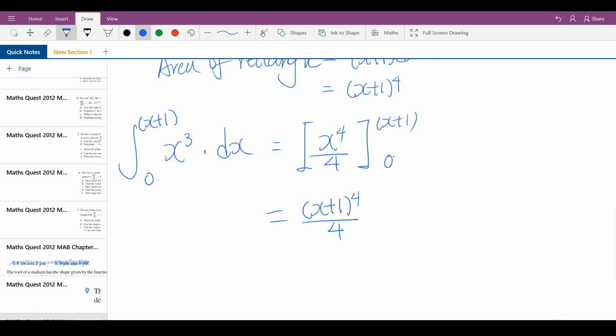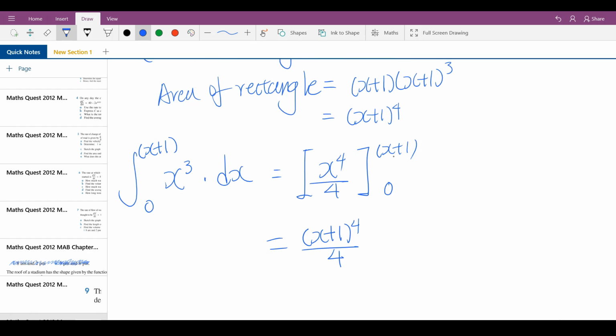Now, if you can see here, the area of the rectangle is this much, and the area under the curve is this much. Isn't that just a quarter of that? It's divided by 4, so it's 1/4, and this ratio will stay forever.